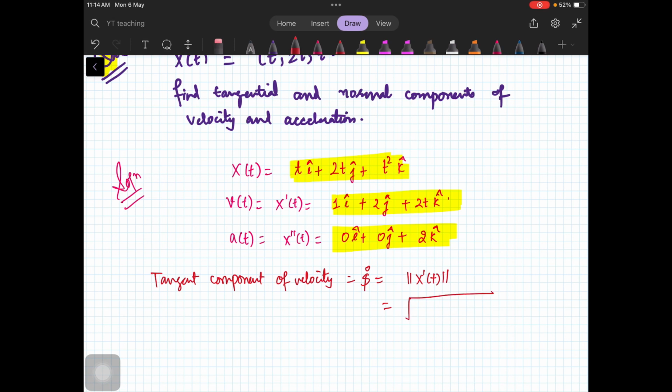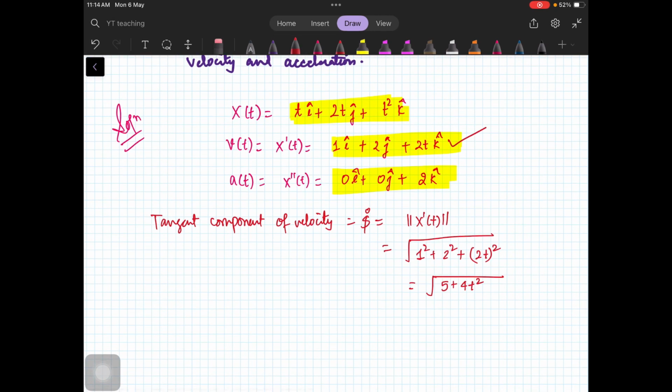So here is your x prime t, so the modulus will be square root of 1 squared plus 2 squared plus (2t) squared, so that would be square root of 5 plus 4t squared. So this is the tangential component of velocity, and the normal component of velocity is 0.